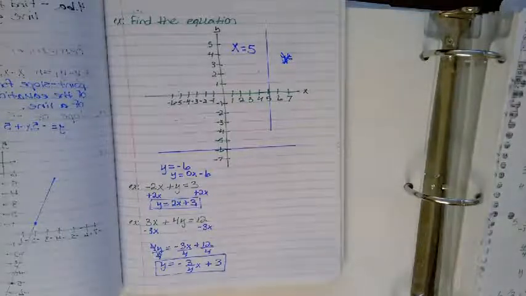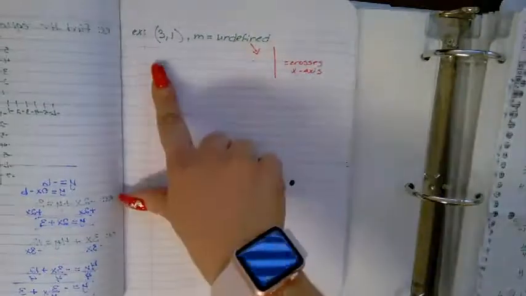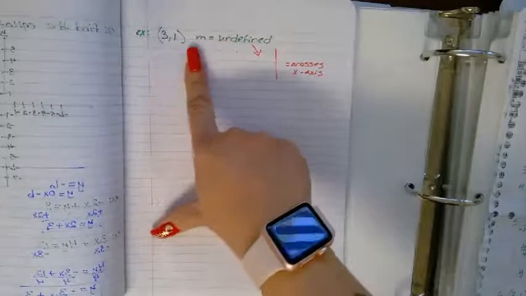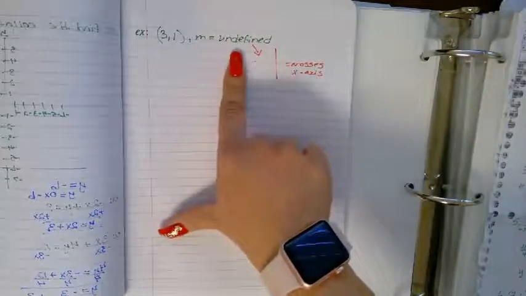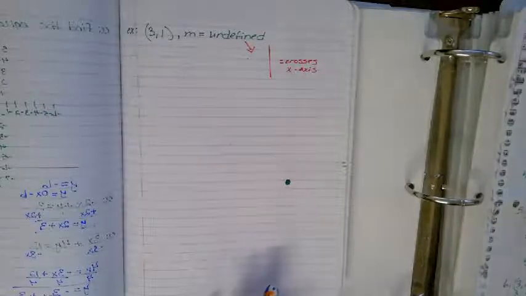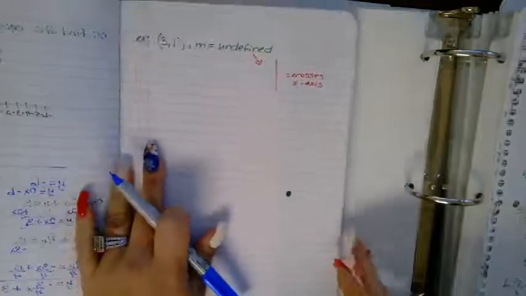You're going to see some problems where it gives you an ordered pair, and then it gives you what your m would be. And in this one, it's saying that our m is undefined, right? Our slope is undefined. So it's just going to be like that graph we did.